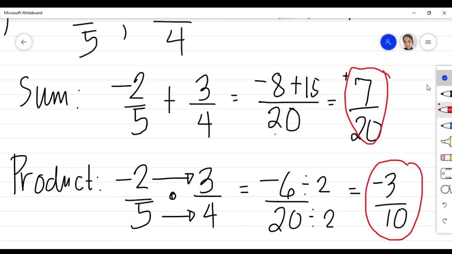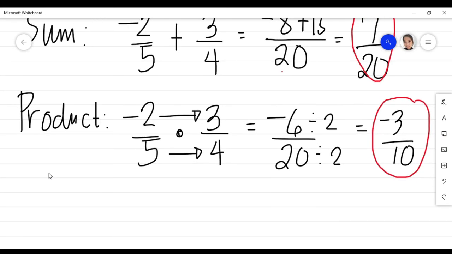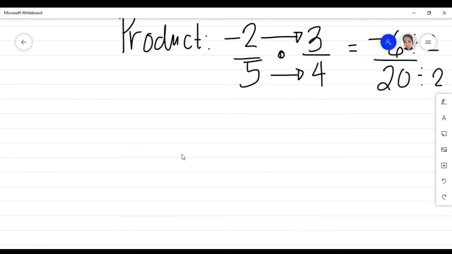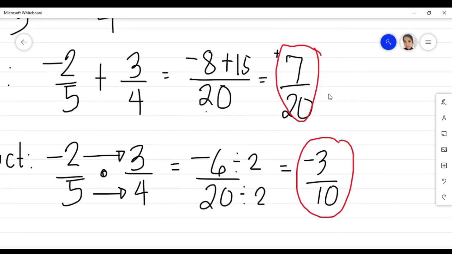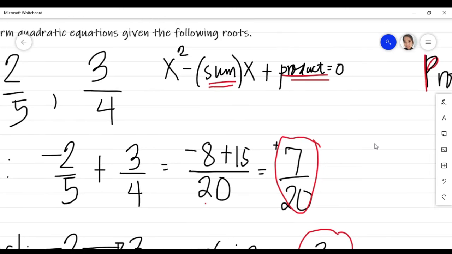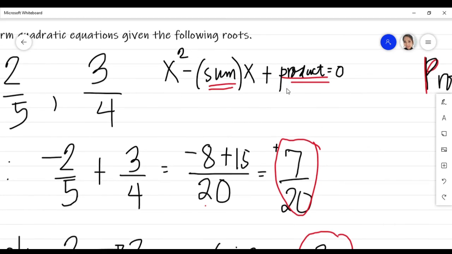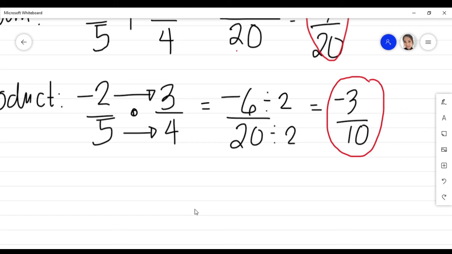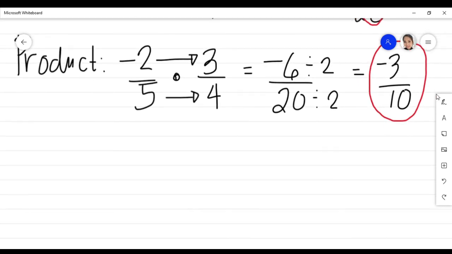So let's write the relationship for the quadratic equation. The relationship we use to form the quadratic equation is x squared minus the sum x plus the product equals 0. Do not forget the 0. Let's apply that and form our quadratic equation.